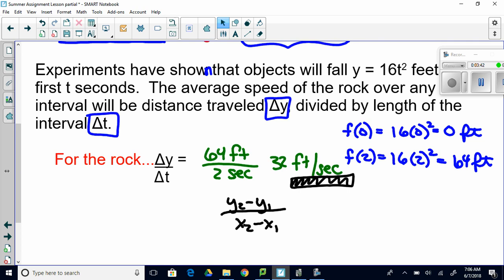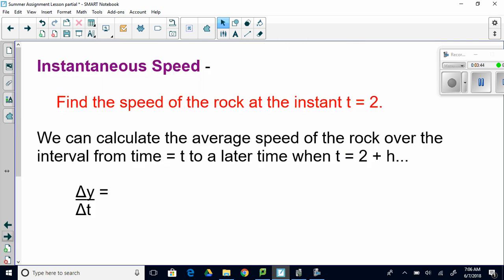Alright, let's look at the second part of this problem. So now it wants us to find it at the instant t is 2. So we know average doesn't mean that it's always falling 32 feet per second. It's not a linear thing. As something is closer to the ground, it's falling faster. So now it wants to know exactly when t equals 2.